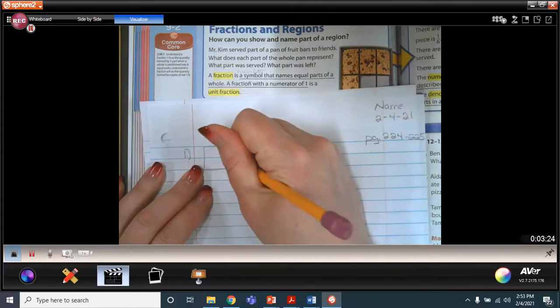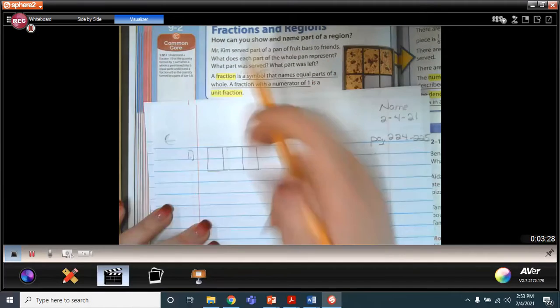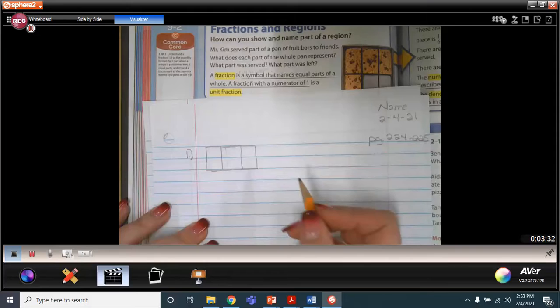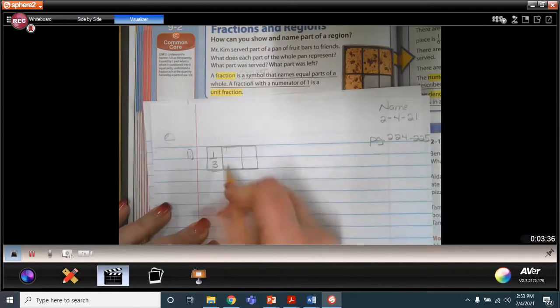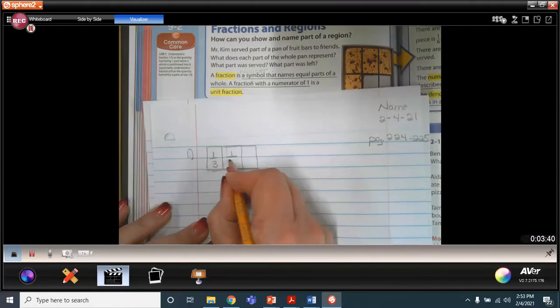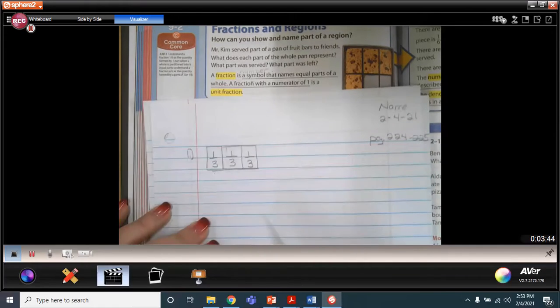That one's a little bit bigger. So each one of these pieces would have a value or a unit of 1/3. So this is one of 3 pieces. This is one of 3 pieces, and this is also one of 3 pieces.